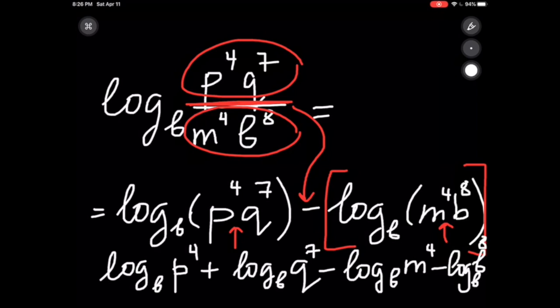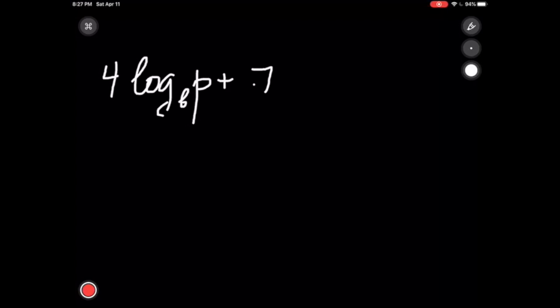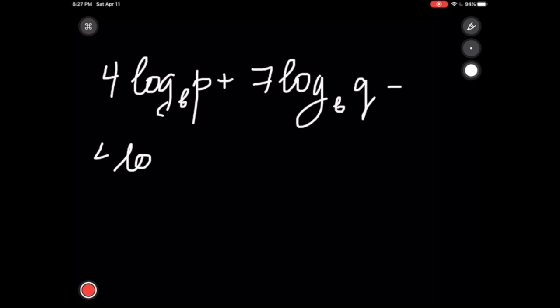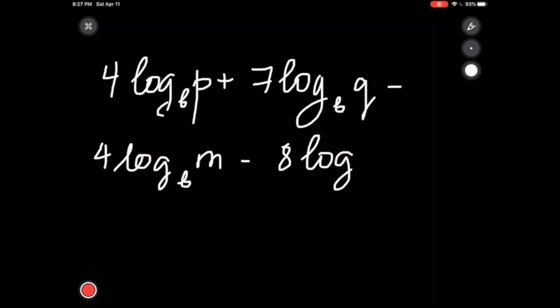Finally, using this third property, I am allowed to take each of the exponents to the front of the logs, which means now I have 4, that used to be an exponent, log base b of p, plus 7, which also used to be an exponent, log base b of q, minus 4 log base b of m, minus 8 log base b of b.